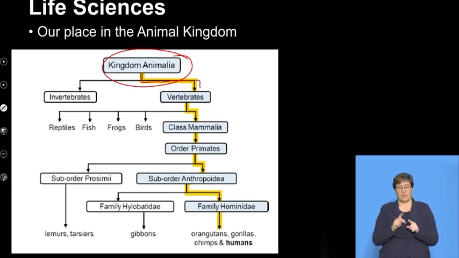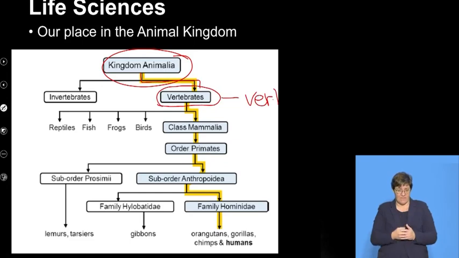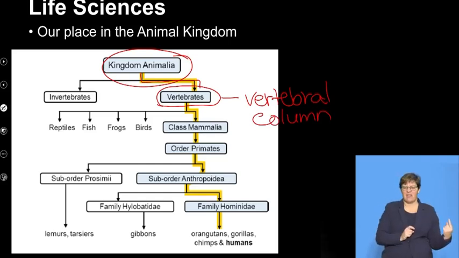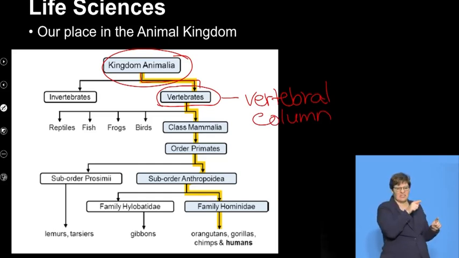We fall under the category vertebrates, which means that there is a vertebral column or a backbone. Okay, so those are all organisms that have a backbone as opposed to other organisms like insects, which are invertebrates.